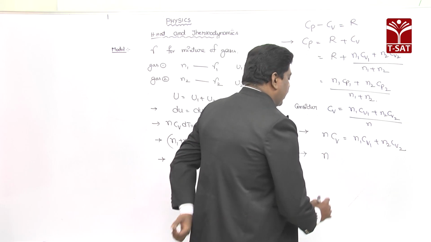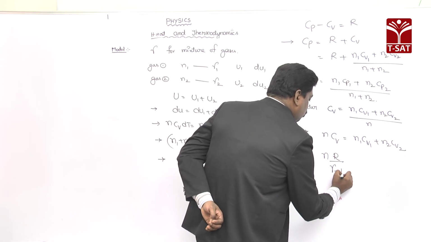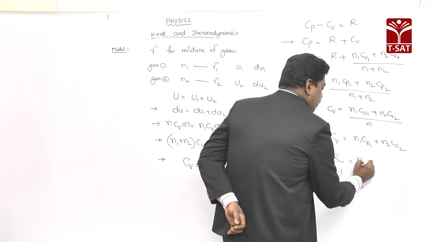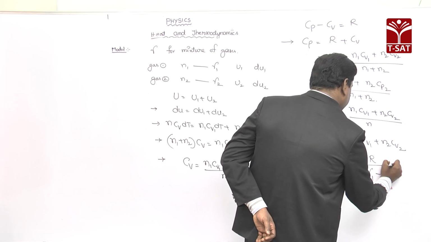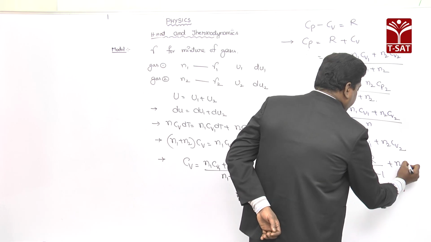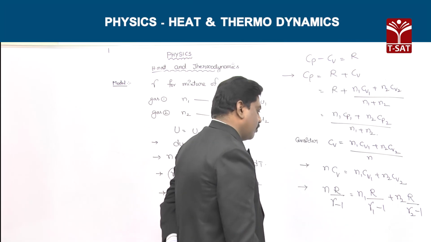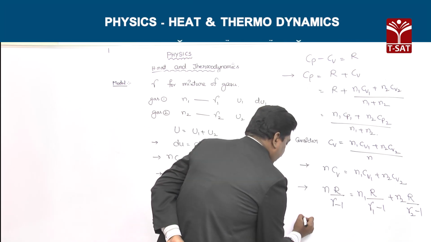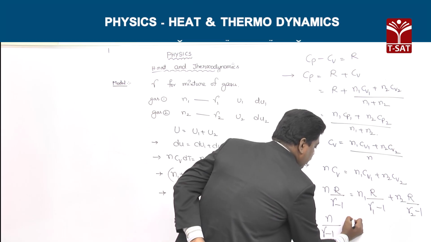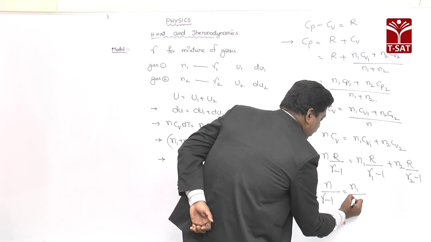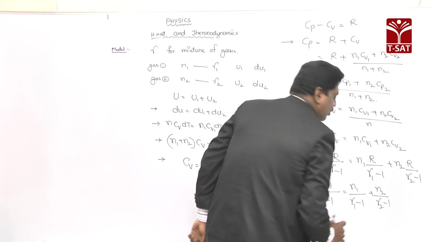Cv is given as R by gamma minus 1, Cv1 is given as R by gamma 1 minus 1, and Cv2 is given as R by gamma 2 minus 1. So we have got n by gamma minus 1 equals n1 by gamma 1 minus 1 plus n2 by gamma 2 minus 1.